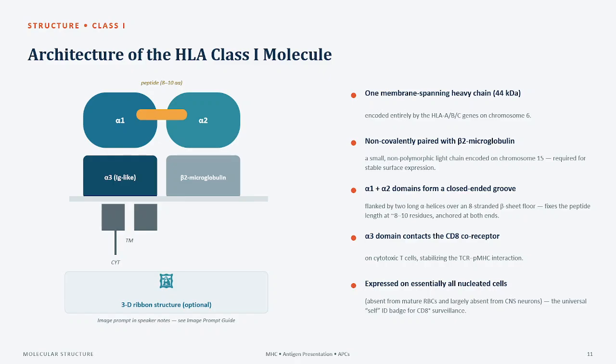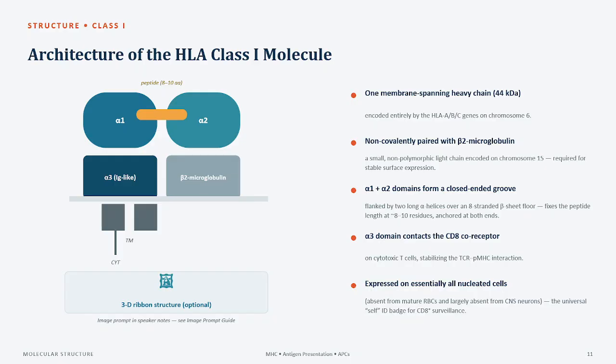The alpha 1 plus alpha 2 domains form a closed-ended groove, as you can see over there. This peptide binding cleft is flanked by two long alpha helices over an 8-stranded beta sheet floor, and it fixes and anchors the bound peptide at both ends, where it accommodates short peptides of around 8 to 10 amino acids in length.